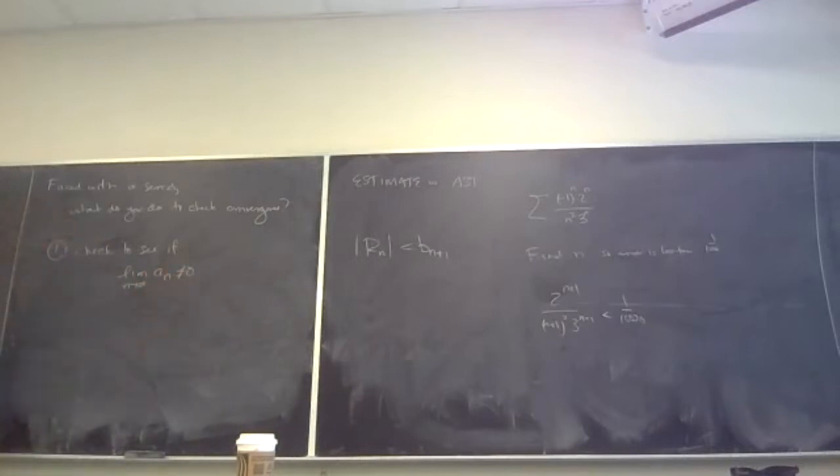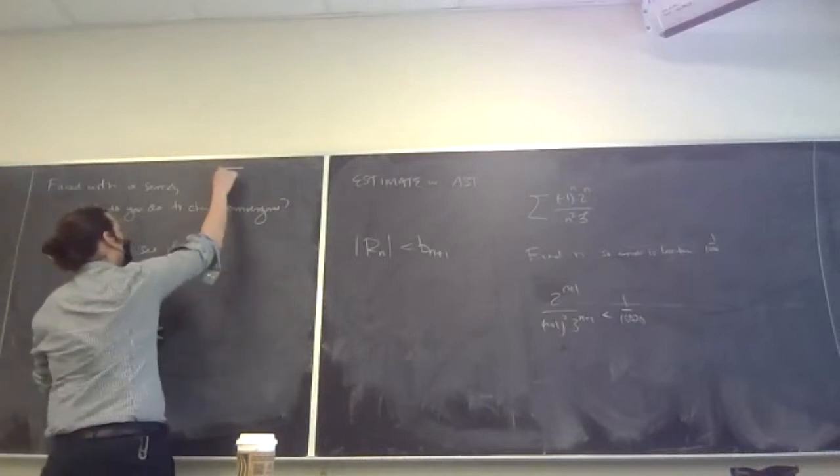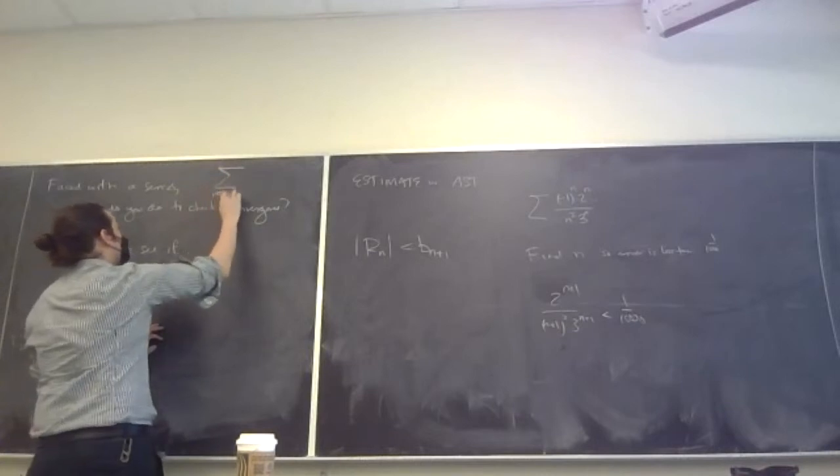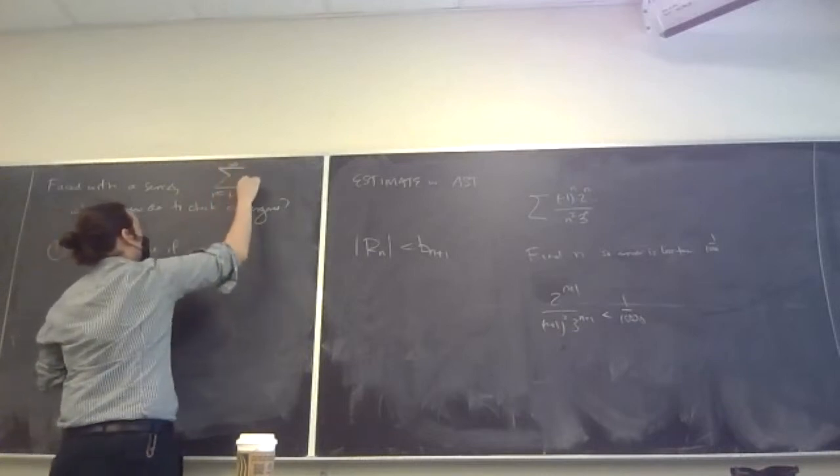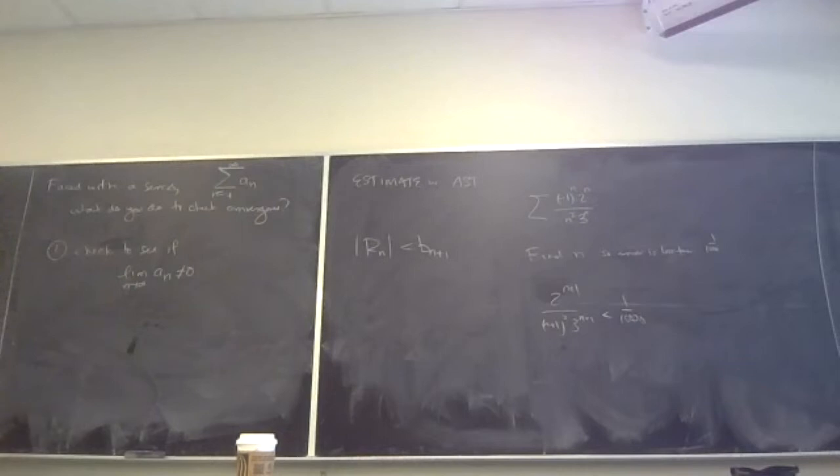Just eyeball it. I'm thinking of a series with terms a_n, where they could be positive, they could be negative, I don't know. There's some formula for the terms, right? Check to see if the limit of the terms is not 0, because if it's not, you're just done. There's no other work to do.